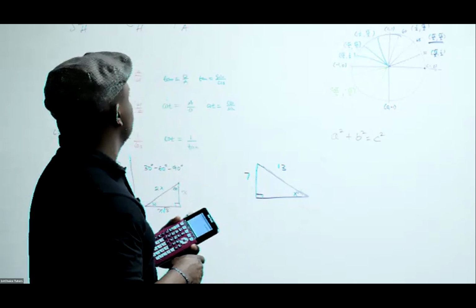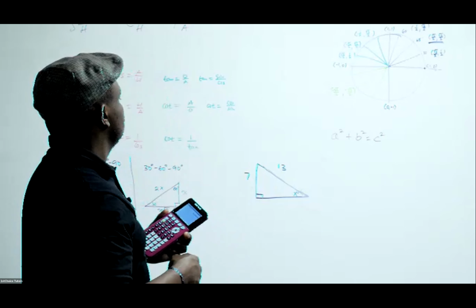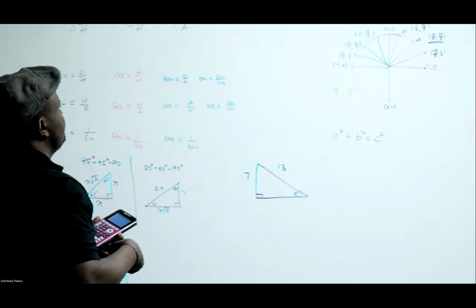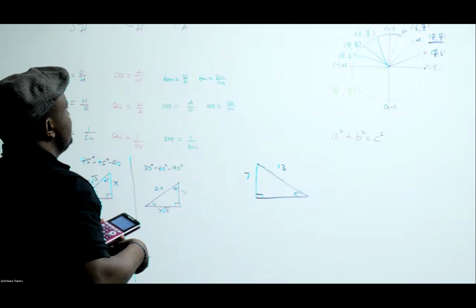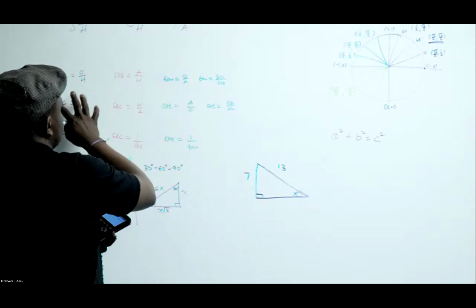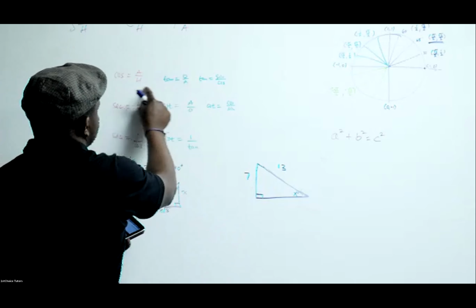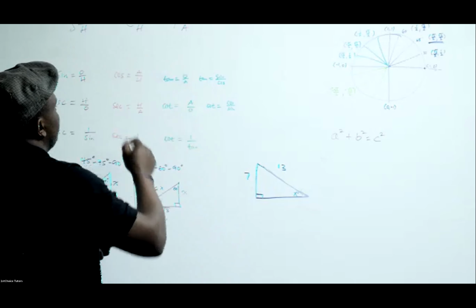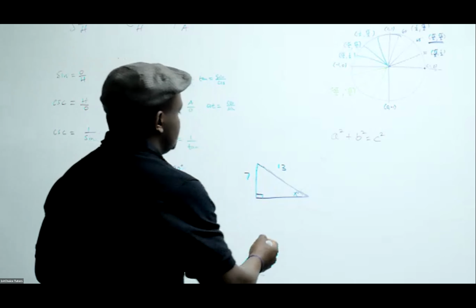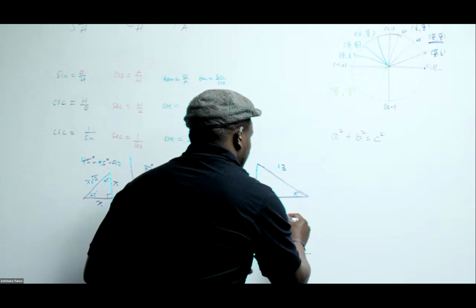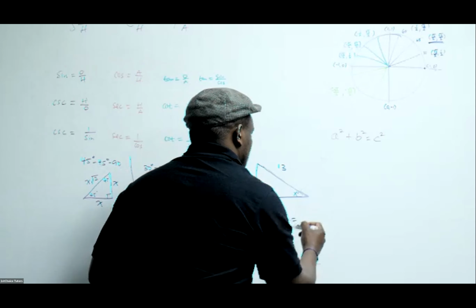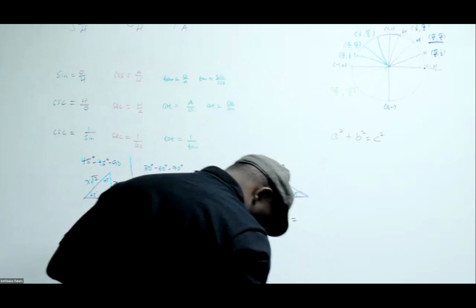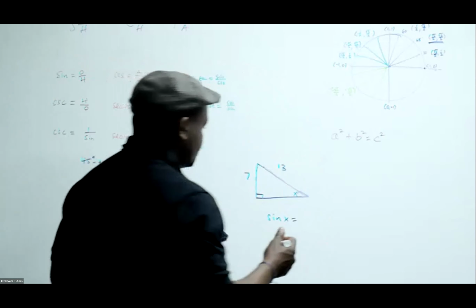Would it be the sine, the CSC? No. We don't use the CSC. We only use this top line here. These are the fancy versions. Okay, then the sine. Yeah. Sine x equals what over what? 7/13. Correct.